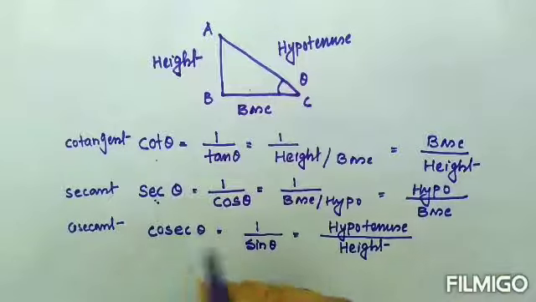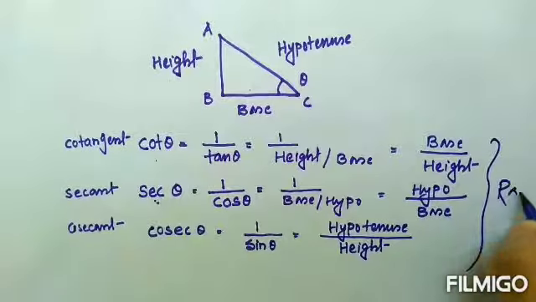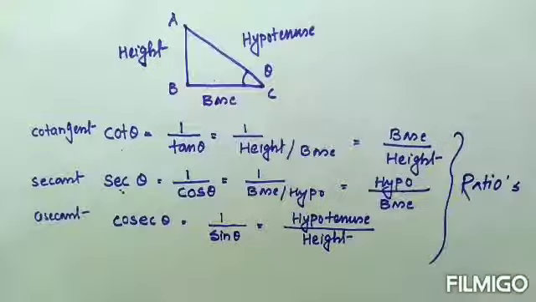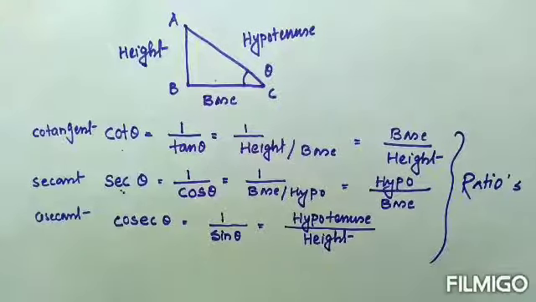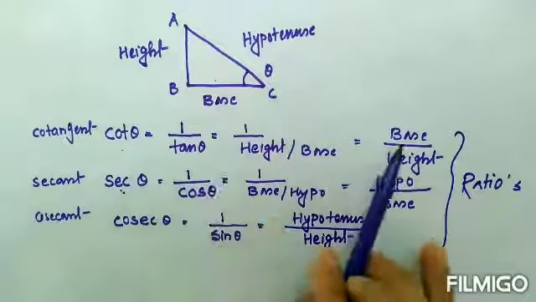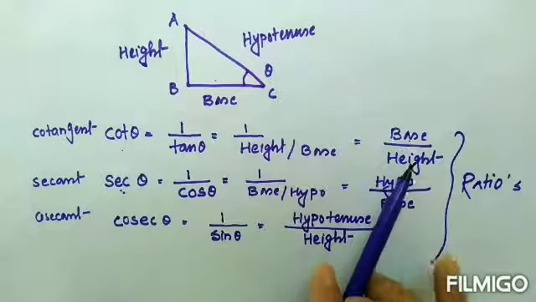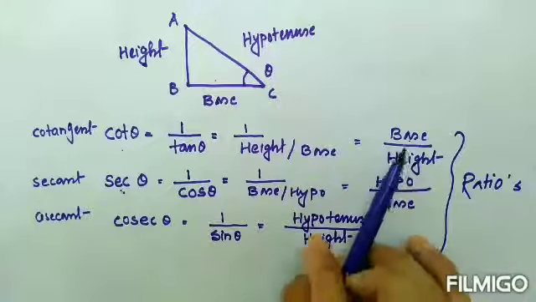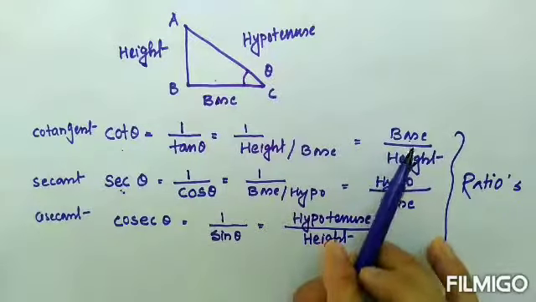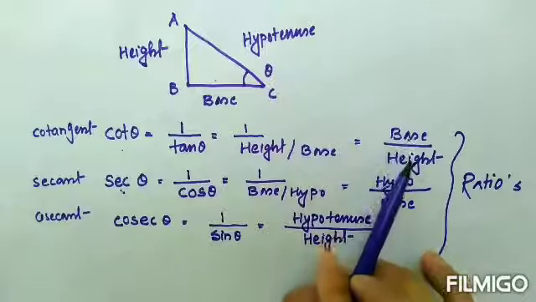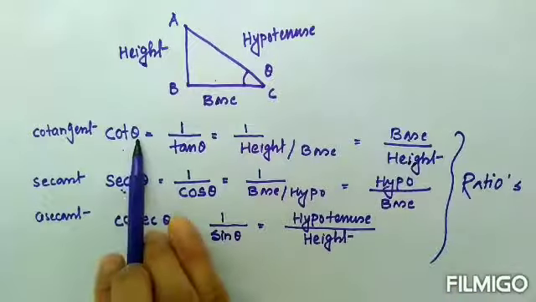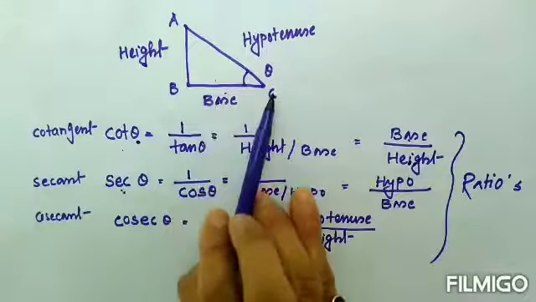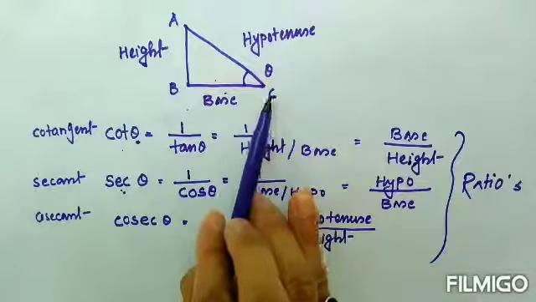Here these all are the ratios. These all are the ratios. Means we are getting here the ratio between the base and height, just listen to it properly, here we are determining the ratios of base and height, considering the angle theta, where in this triangle ABC the theta is angle C. Get it or not?